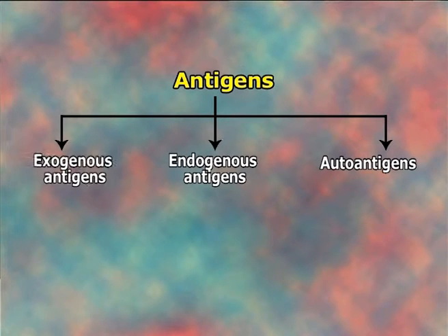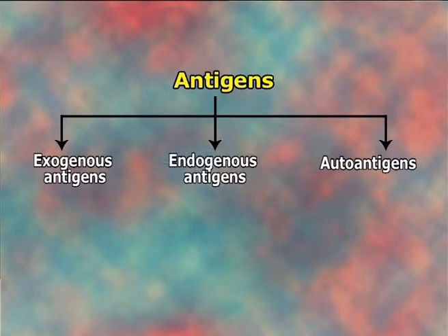What are exogenous antigens? Exogenous antigens are antigens that have entered the body from the outside, for example by inhalation, ingestion or injection. Endogenous antigens.